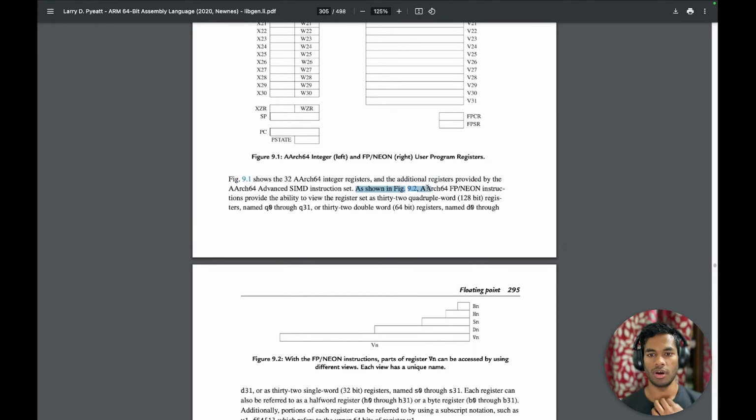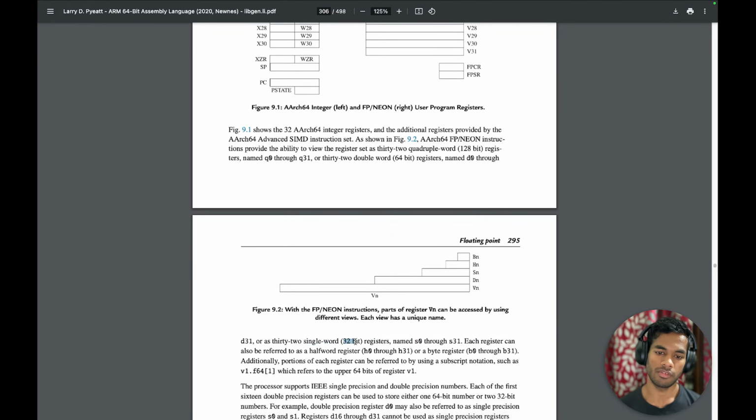As shown in figure 9.2, AArch64 FP Neon instructions provide the ability to view the register as 32 quadruple word 128-bit registers named Q0 to Q31, or 32 double word 64-bit registers named D0 through D31, or as 32 single word 32-bit registers named S0 through S31.